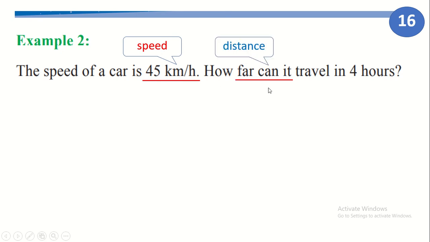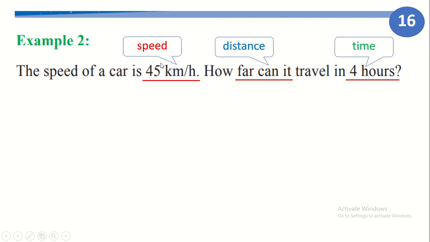How far can it travel? How far means the distance. Travel in 4 hours. 4 hours is not the distance. Hours is a unit of time. So 4 hours is time. Now we're looking here for the distance.